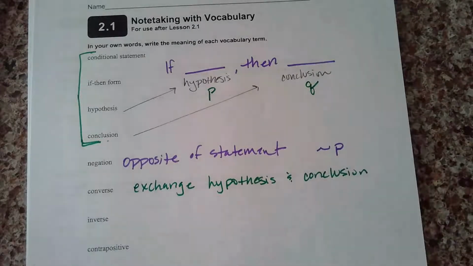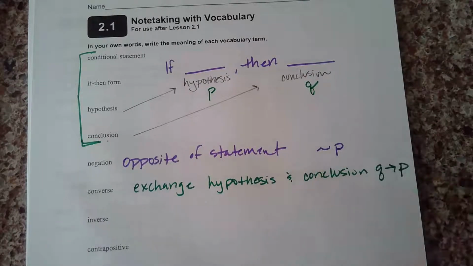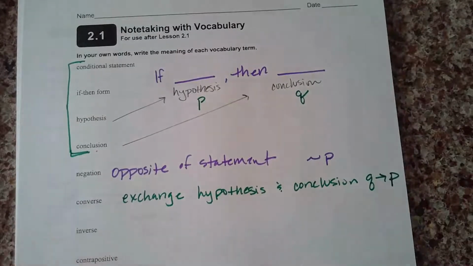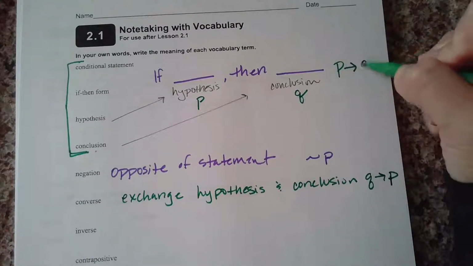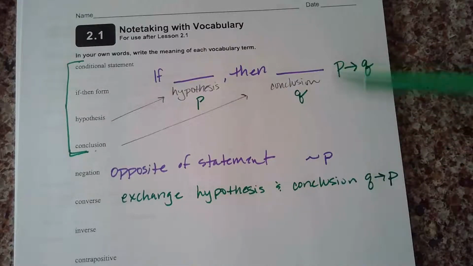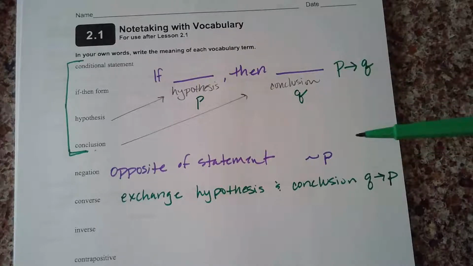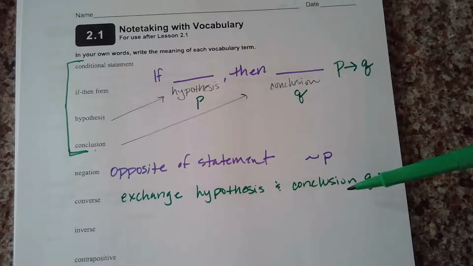How we write it is Q implies P. If our normal statement is P implies Q, because P comes first, then Q, and a negation would be the opposite of either P or Q, a converse means you just flip the order. In our example, if today is Monday, then I go to school, my converse would be, if I go to school, then today is Monday.